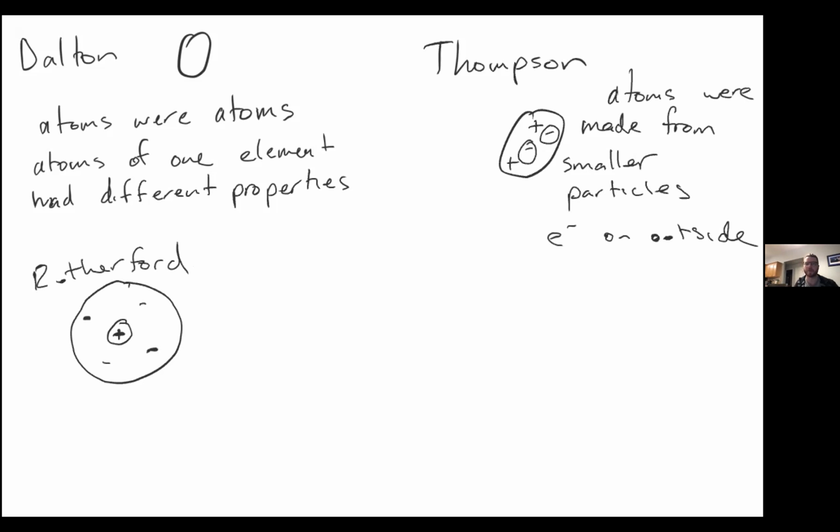His gold foil experiment where he shot particles at a thin sheet of gold, and he noticed that some of those particles actually bounced back at him, but the majority of them made it through. So he realized that the atom was mostly empty space. Okay, and we have a positive core.